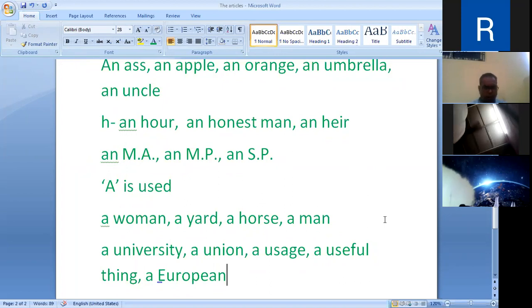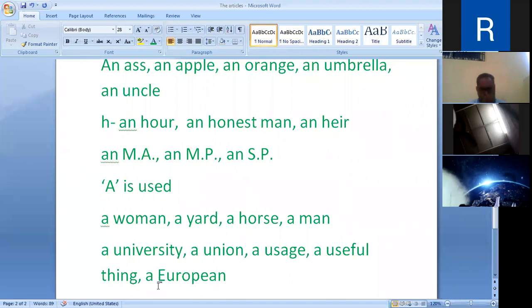Dear friends, this is very important. You have to remember all this time that though this word begins with U, U is a vowel, and E is a vowel.